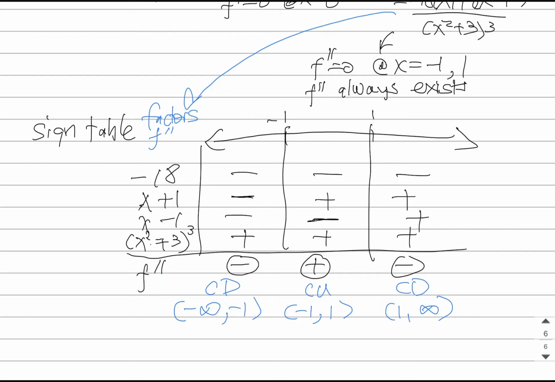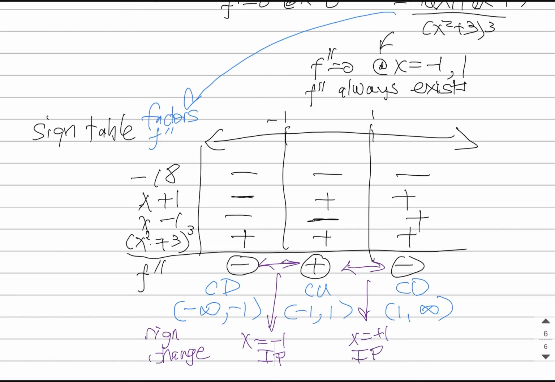Because I have a sign change of f double prime, that means that x equals negative 1 is what I call an IP, inflection point. And because I have a sign change, x equals positive 1 is also an inflection point.